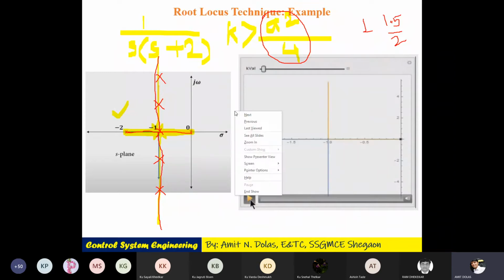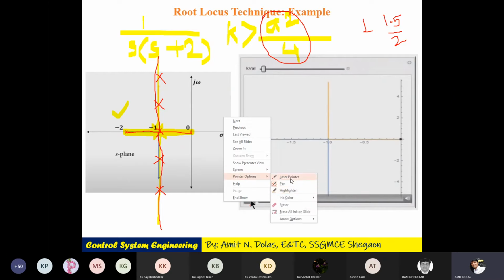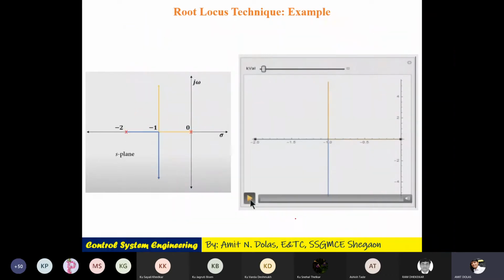Let me run the video here. I have a small video, and you can see what happens. It is very small actually. I'm going to play this.